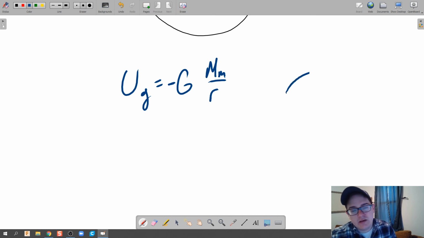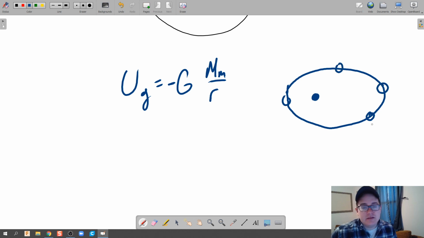The reason that we even look at this is if you think about a planet going around an orbit, it's going to have a slingshot effect. As it comes closer to the end that has the closer focus to the star, this is when it's going the fastest, so the kinetic energy is going to be the highest.